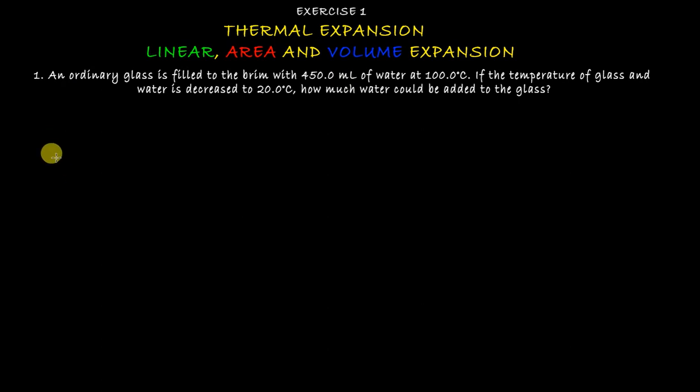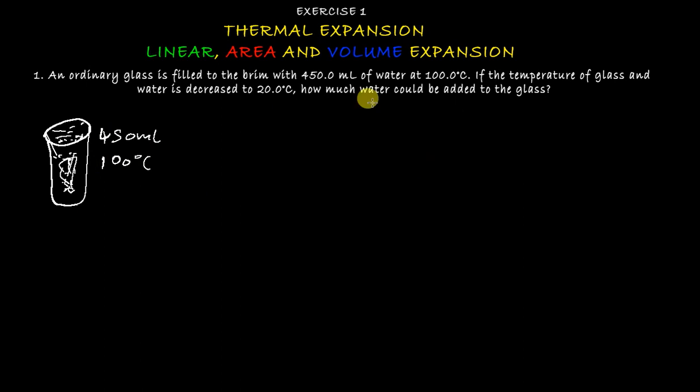So if, for instance, we have a glass of water, and this glass of water is filled to the brim. There is water in this glass, and they are saying this glass was initially at 100 degrees when the volume was 450 ml. So the volume was 450 ml, the temperature was 100 degrees Celsius.